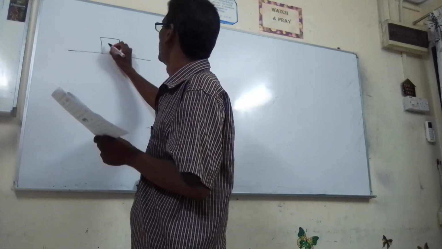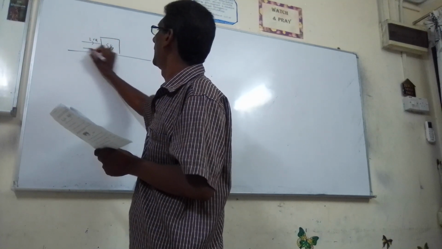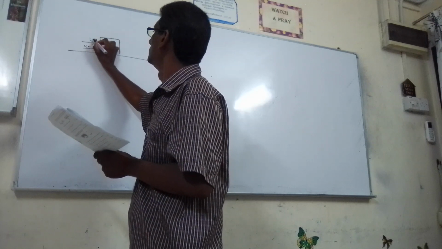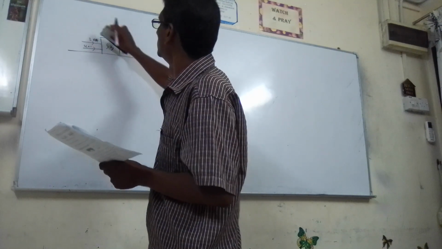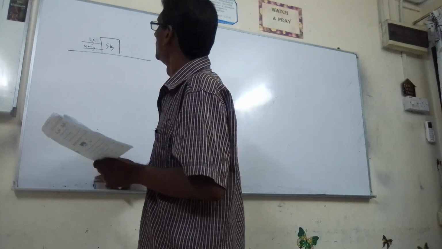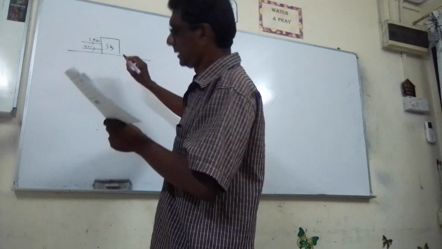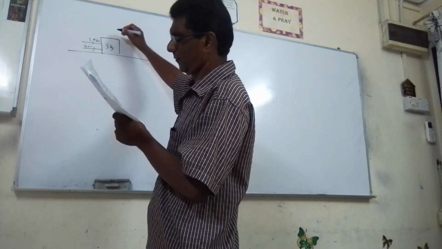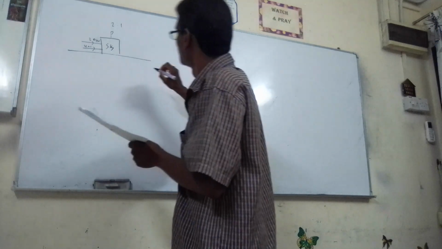This is a 5 kg object with 20 Newton and 4 Newton. This is P, figure 2.1.